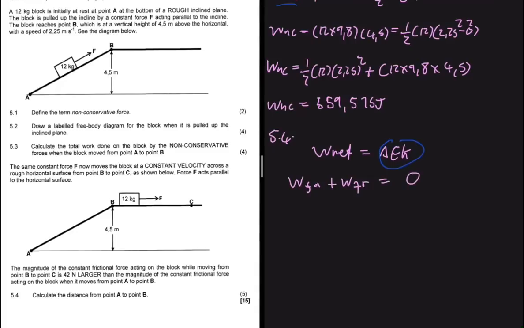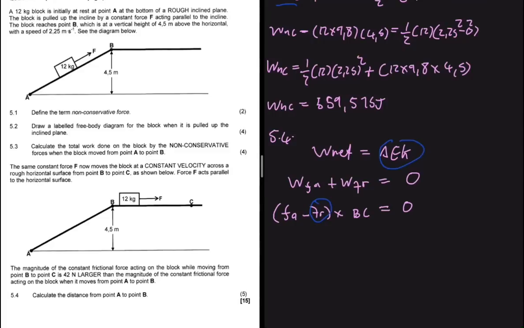We can solve this further. We get the force applied minus the frictional force, multiplied by the distance traveled, which is BC, equals 0. This frictional force here is 42 newtons larger than the frictional force in 5.3.